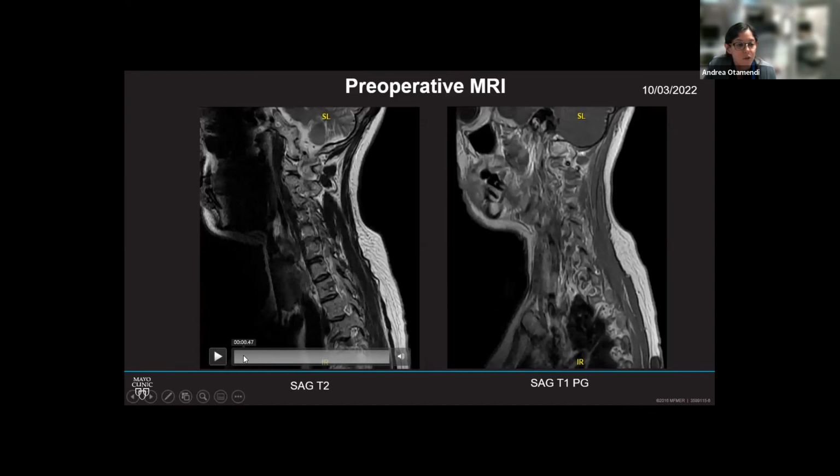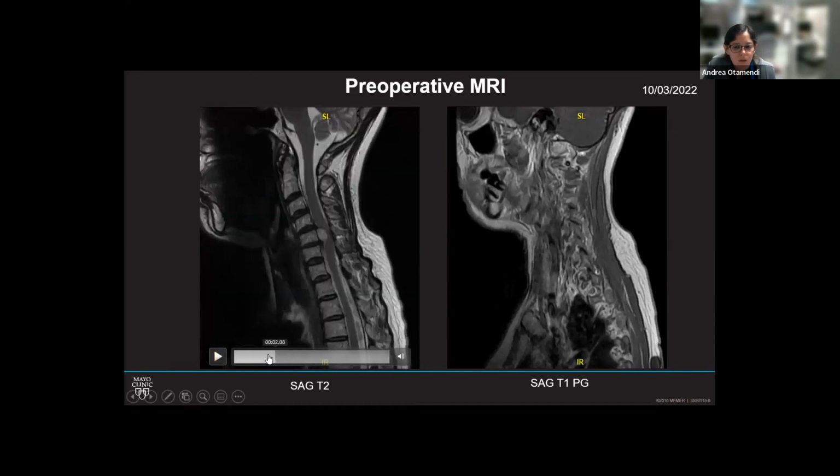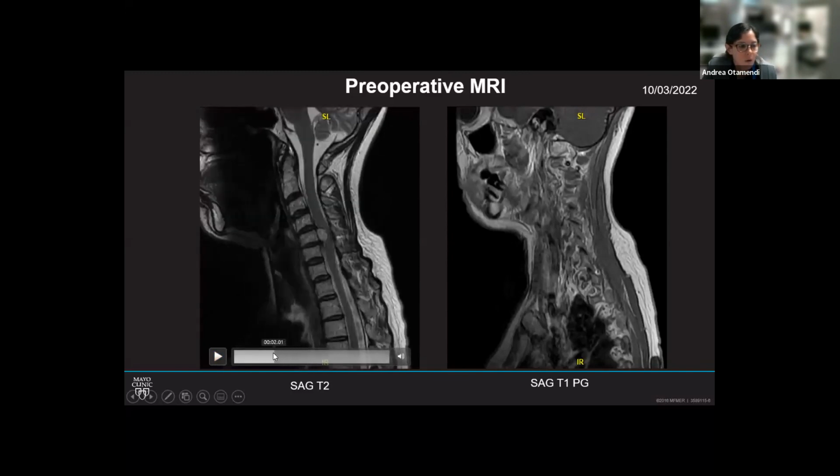Here we have the sagittal T2 and T1 postgadolinium, and first of all, it looks like a cervical orthotic curvature, and we can see a well-defined extramedullary hyperintense lesion within the spinal canal at the level of C5, with a compression at the level of C5 and C6. And we can see also some degenerative changes.